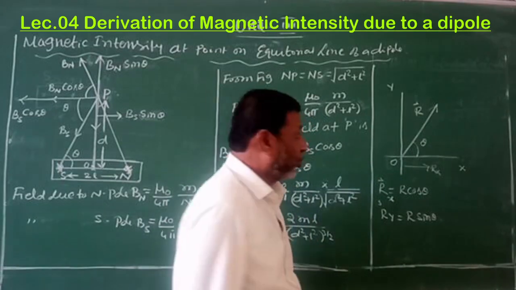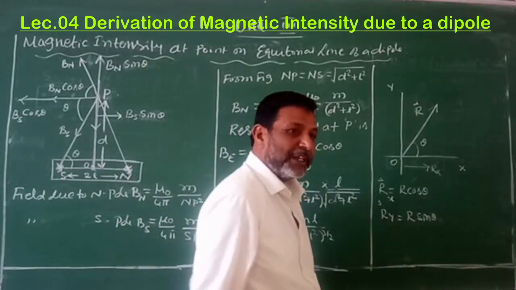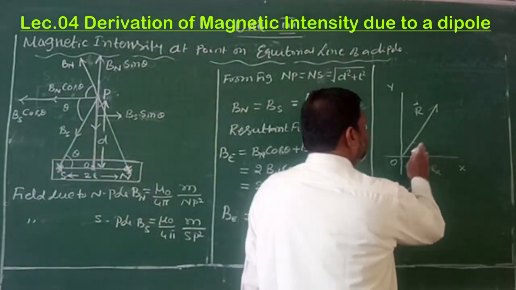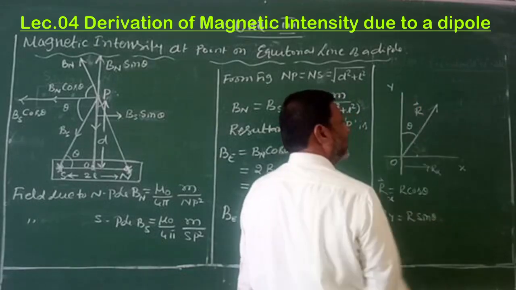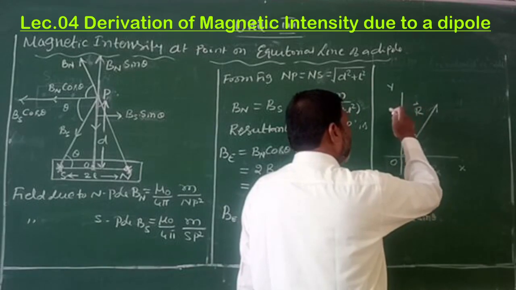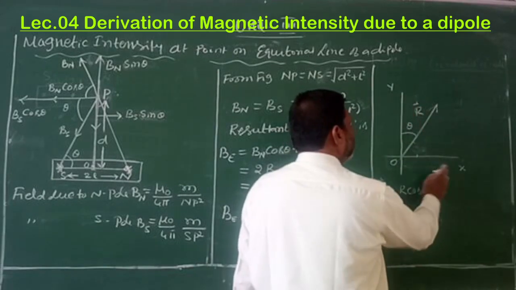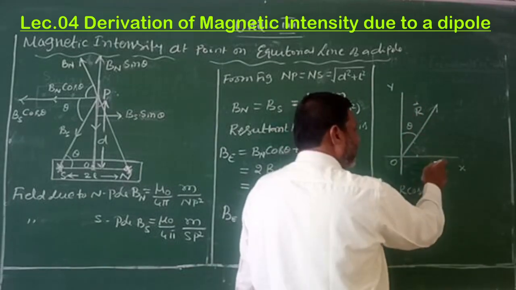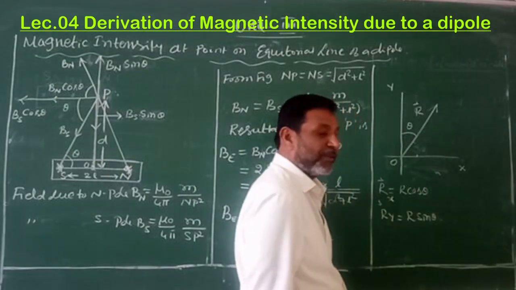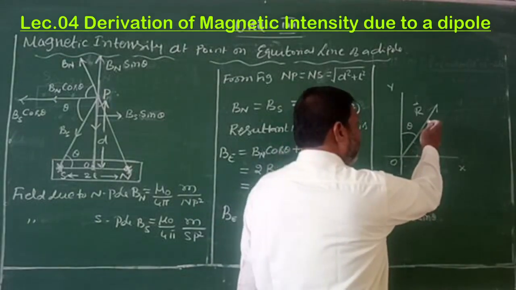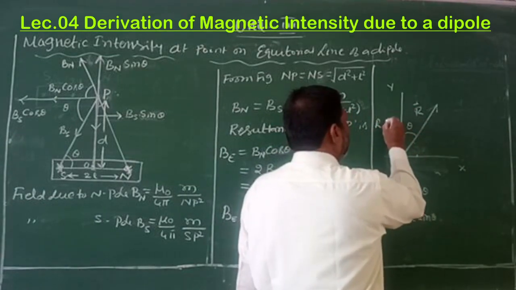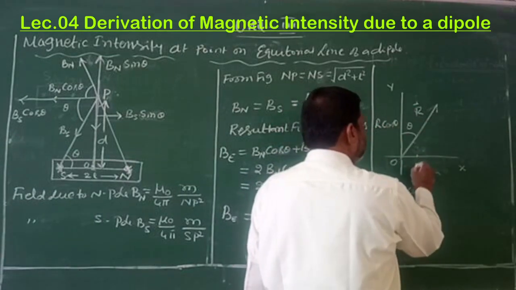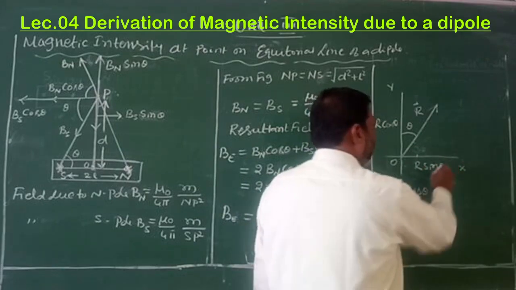In some cases, if this vector makes an angle theta with this axis, then this will become R cos theta and this will become R sin theta.